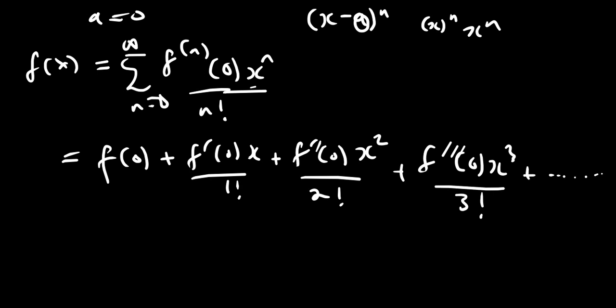When we replace a equal to 0, this is a special type of Taylor series which we call the Maclaurin series. Alright, let's now look at an example of a Taylor series.